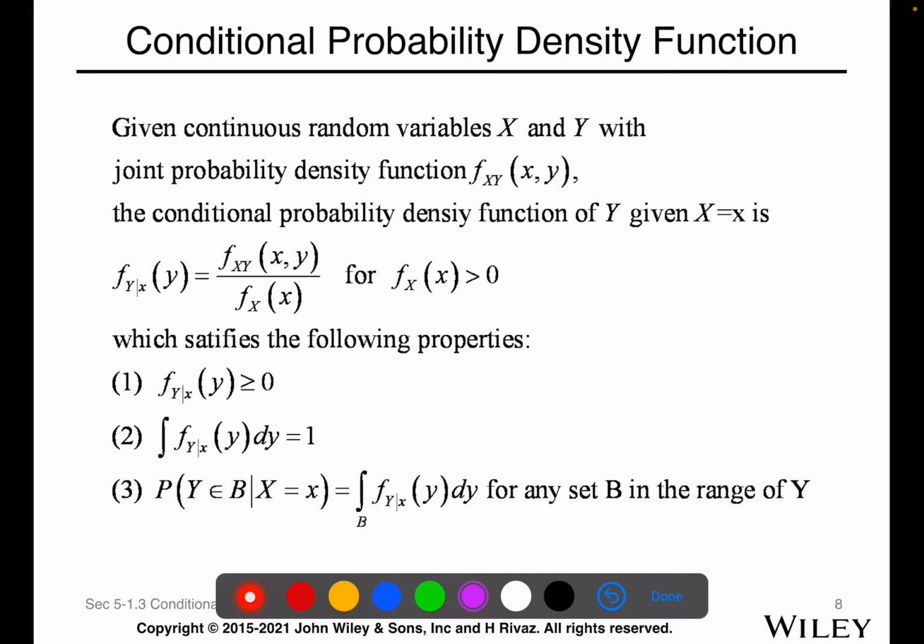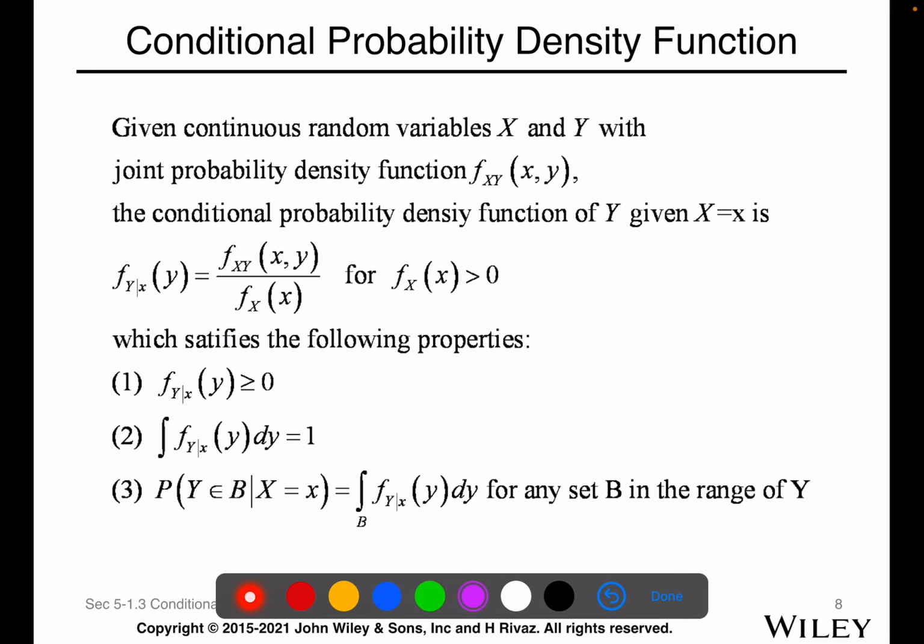So we can define conditional probability like before. Conditional probability was difficult even for discrete random variables, so this is even more difficult to get your head around. We'll do a couple of examples so that it makes more sense.